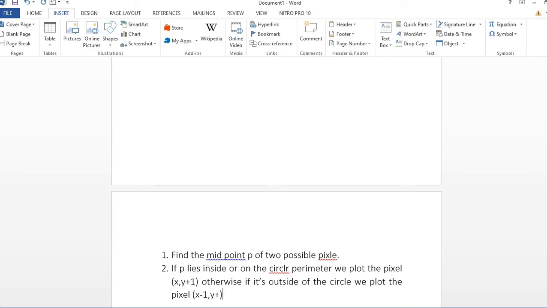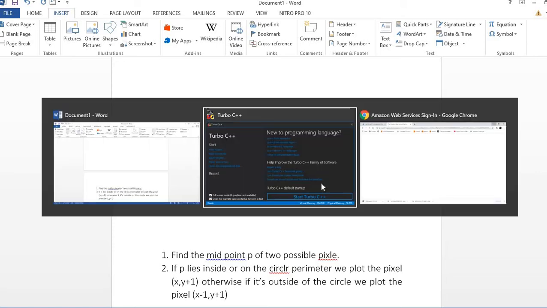The boundary condition, whether the midpoint lies inside or outside the circle, can be decided by the circle formula. Now we go for the program.